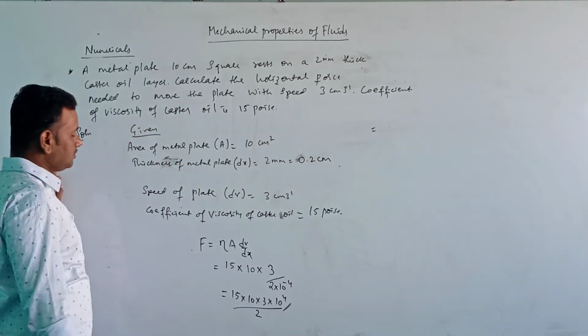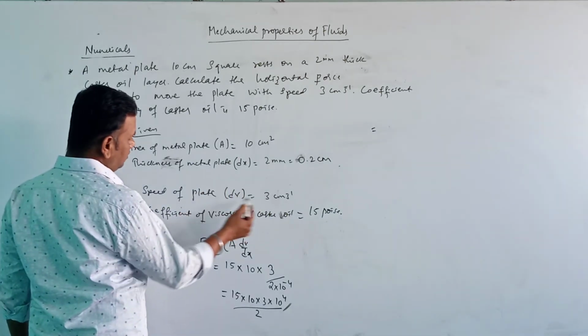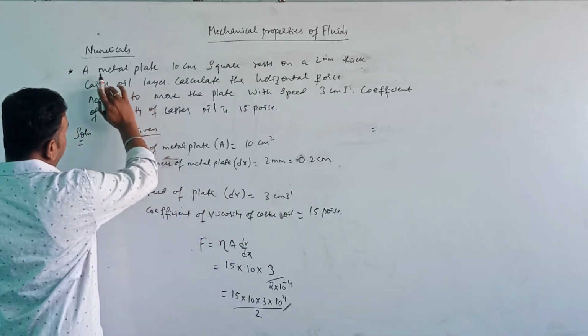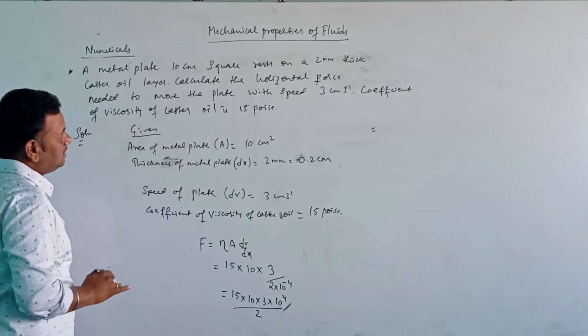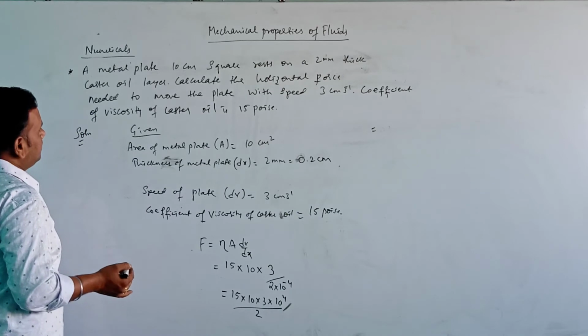Now, just check this once again. A metal plate 10 centimeter square rests on a 2 millimeter thickness of castor oil.